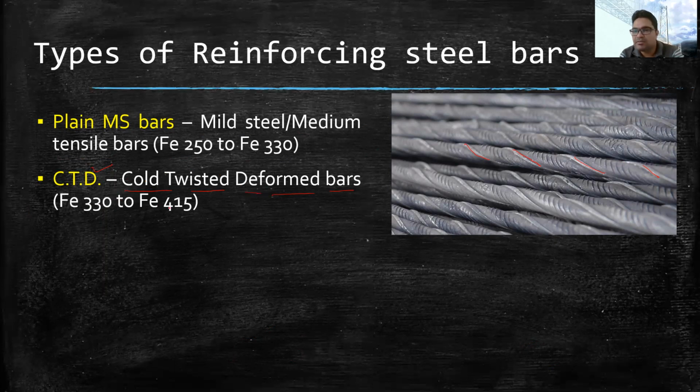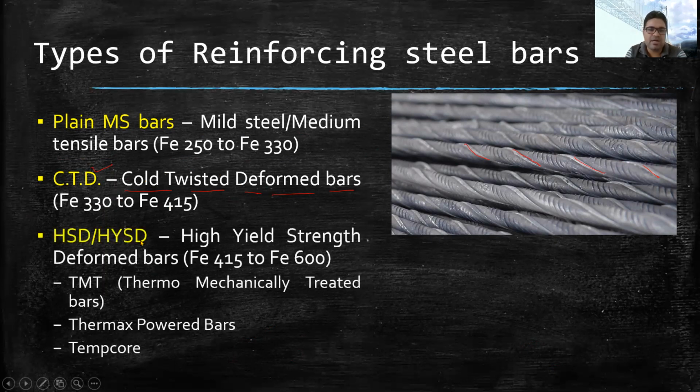Earlier this bar was used, but nowadays it has been surpassed by another type of bar, called HYSD bar, sometimes called HSD bar. HSD is high yield strength deformed bar, and their grade varies from Fe415 to Fe600.